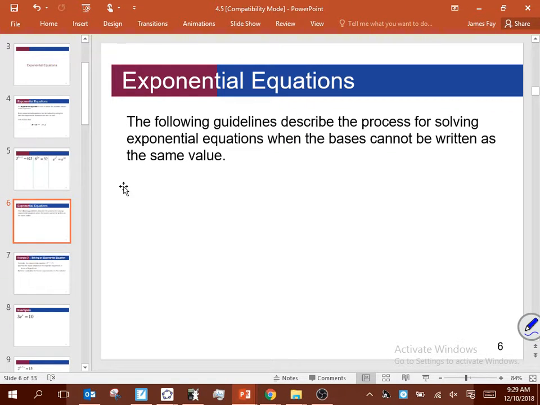Let's just say I have 3 to the 2x is equal to 10. I think that's what we did last class. 3 to the 2x equals 10, okay?